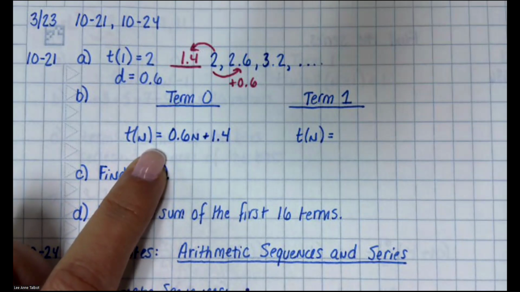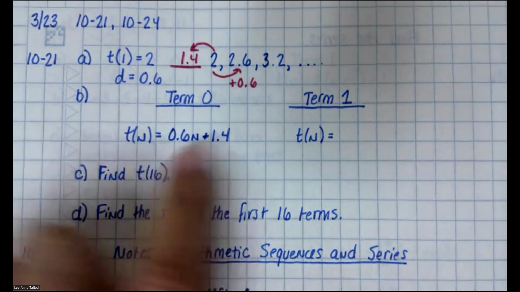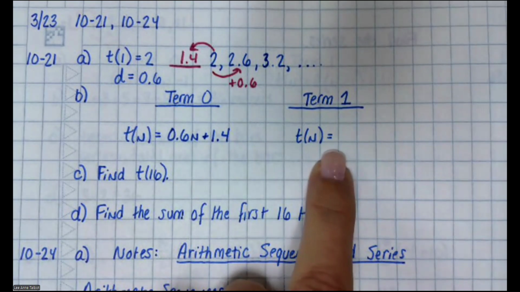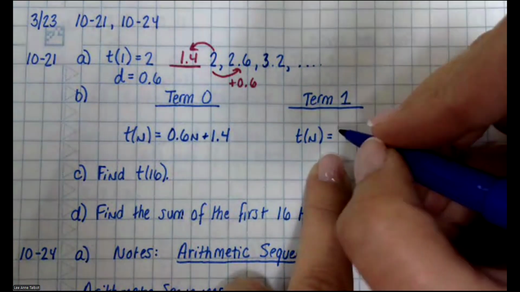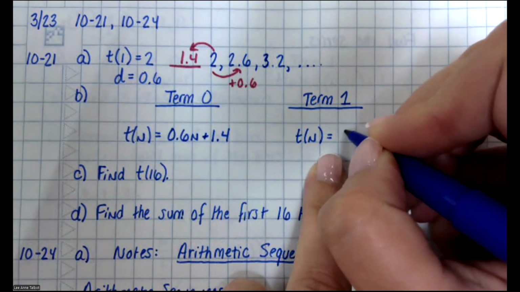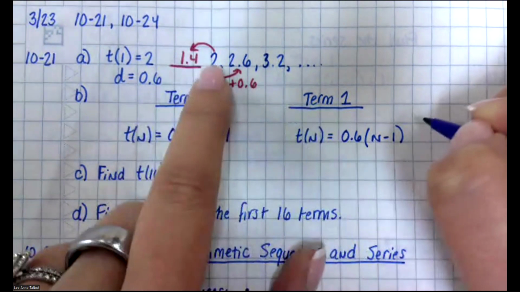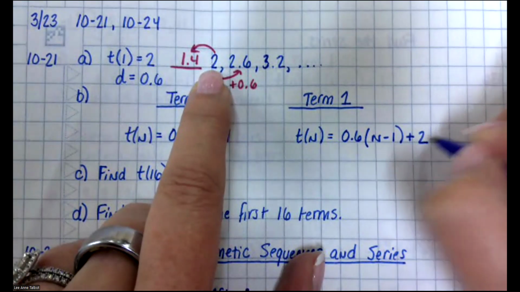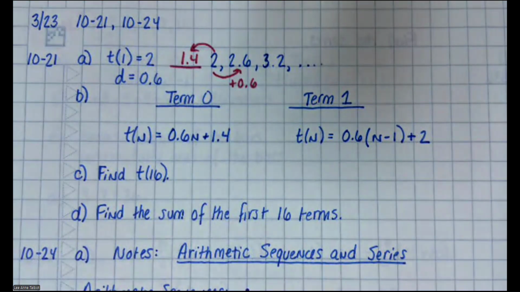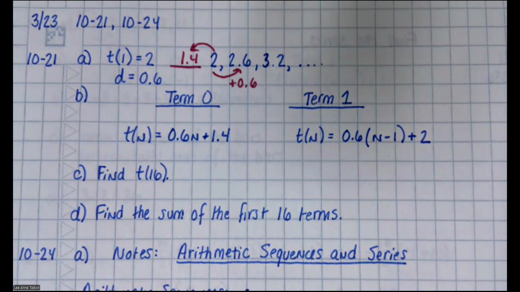And that's the one I'm going to choose most every time because I'm much more comfortable with that. But if I have to, I could say 0.6 times (n minus 1) and then put the first term there instead. Can you write the equation in terms of term 0 and term 1?